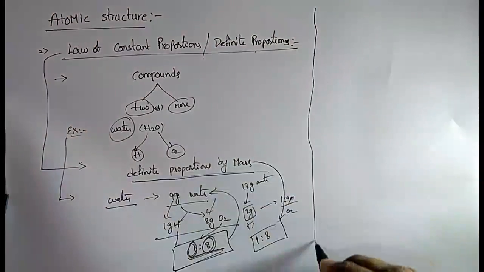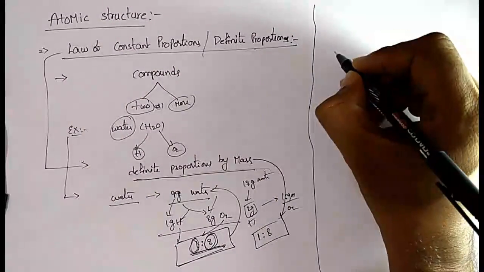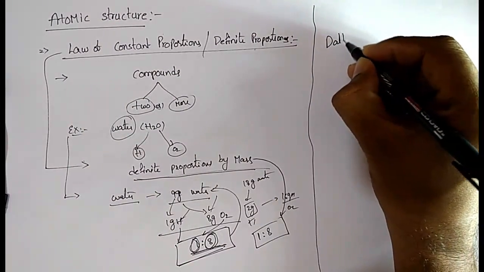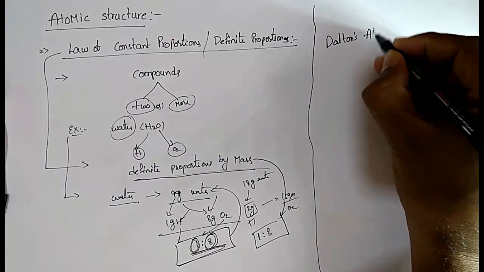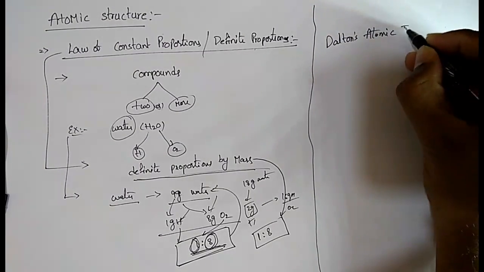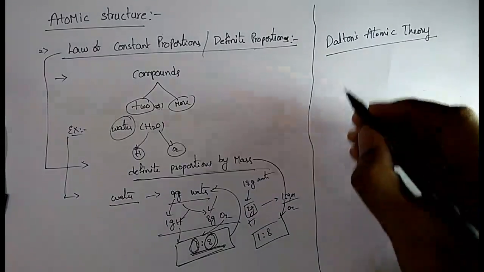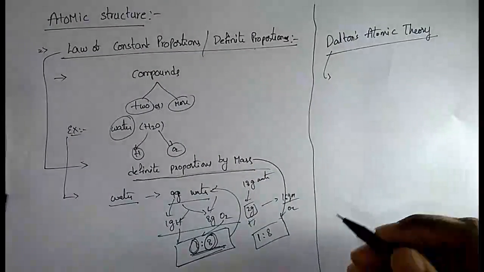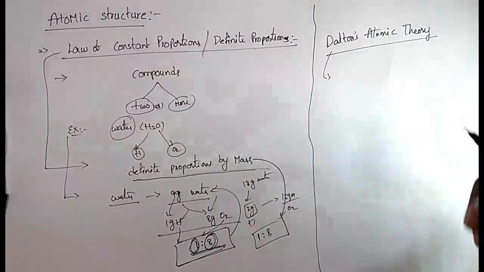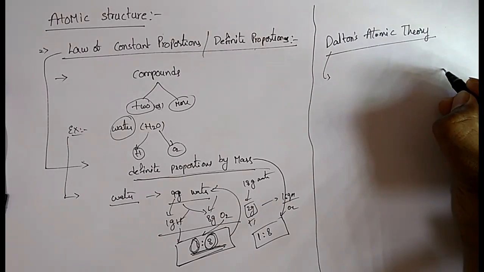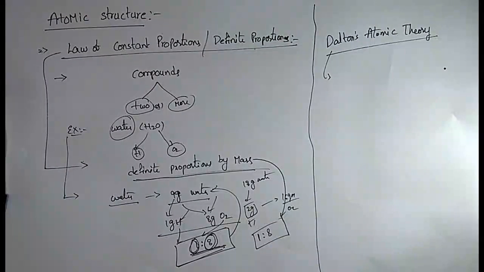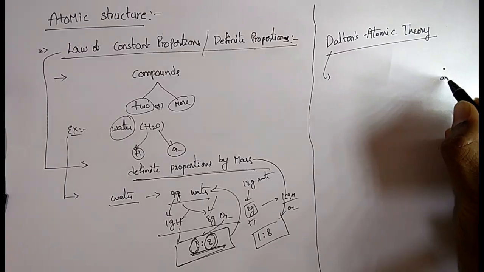After this, one more theory came into the picture, that is Dalton's atomic theory. According to Dalton, the smallest particles in matter are called atoms.